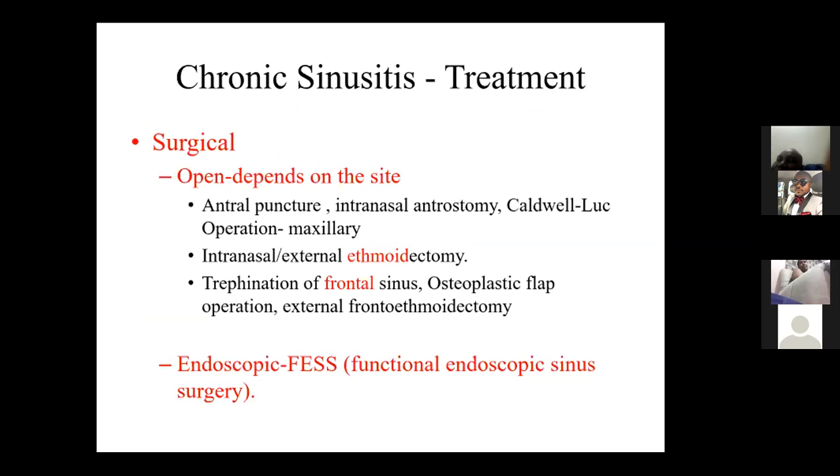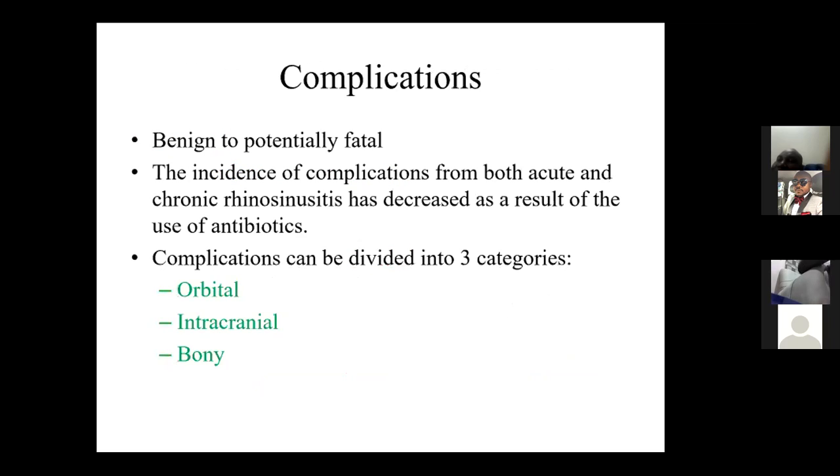There can also be trephination of the frontal sinus, osteoplastic flap operations, and external frontoethmoidectomy can also be done. Sometimes if the sinuses are blocked, they have to operate to decongest. They can also do functional endoscopic sinus surgery in this patient.